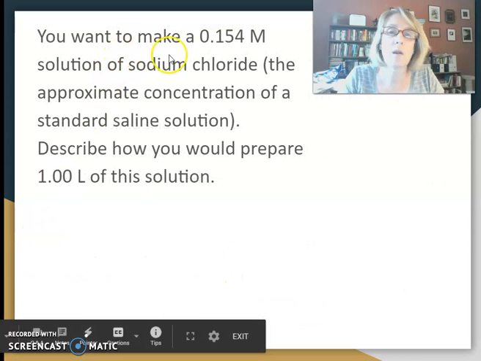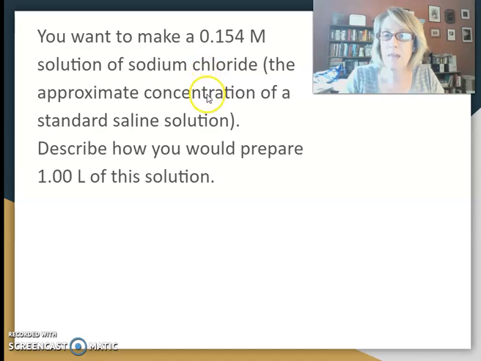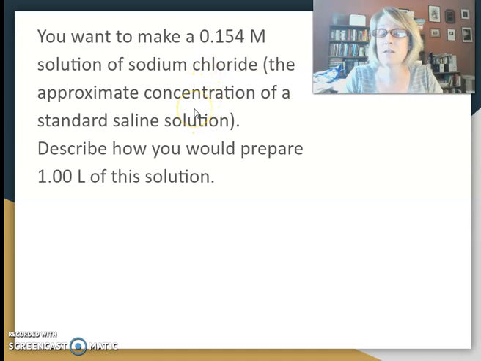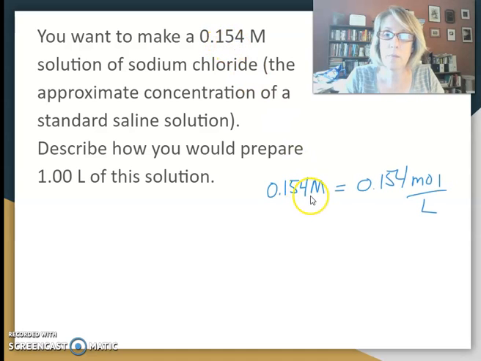So let's say we want to make a 0.154 molar solution of sodium chloride. And this is what we consider a standard saline solution. So this is basically the same concentration as what's in our bloodstream, for instance. So describe how you would prepare 1 liter. All right, so we know 0.15 molar. So the first thing we do is remember molar is moles per liter.